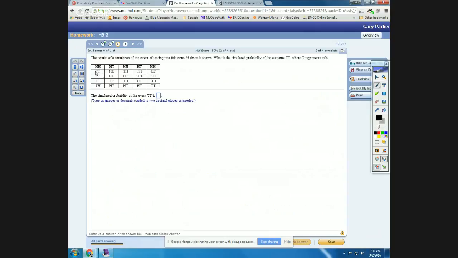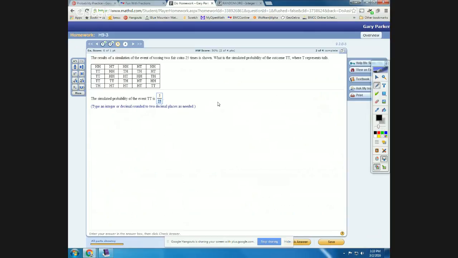And so on mine, let's see, I've got 1, 2, 3, 4, I think 5. So you just have to carefully look at whatever you got. And my guess is each one is going to be different. I'm getting 5 out of 25 here. That's what they want. They want the experimental probability based on the table in front of you. So 5 over 25, because there's 25 observations.